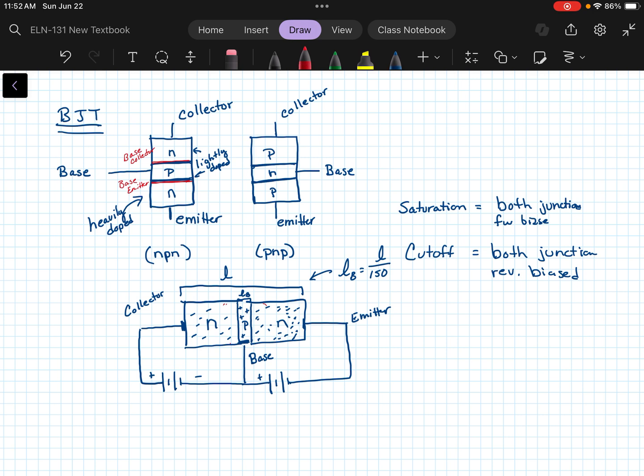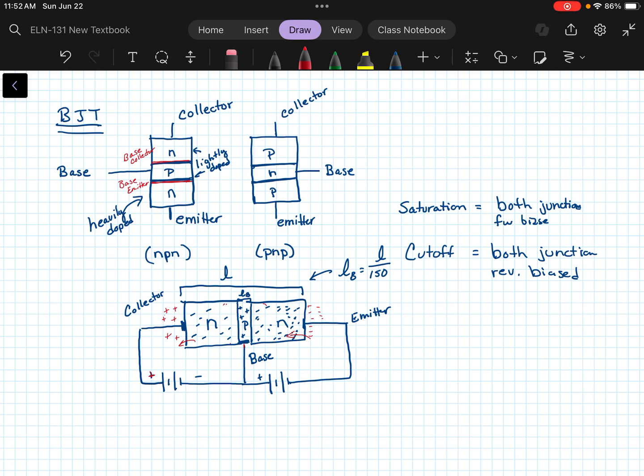So at this point, at the collector, we're going to have a buildup of positive charges that's going to pull electrons to that side. And at the emitter, we're going to see more negative charges that are going to repel those negative charges into the center.